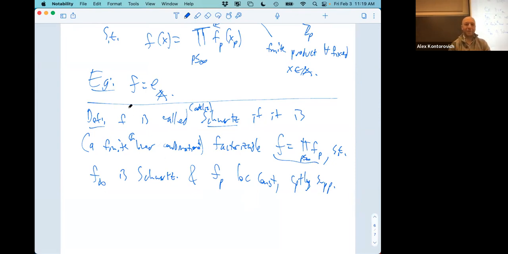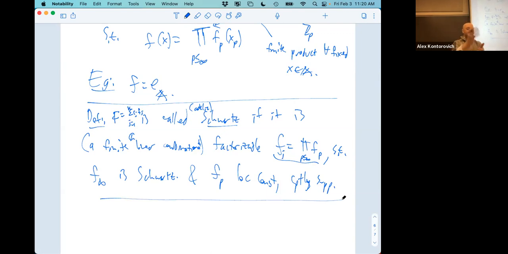So let's say capital F is a finite sum of c_j f_j, as j goes from 1 to k, where each f_j is factorizable and Schwartz in this sense. That's it.